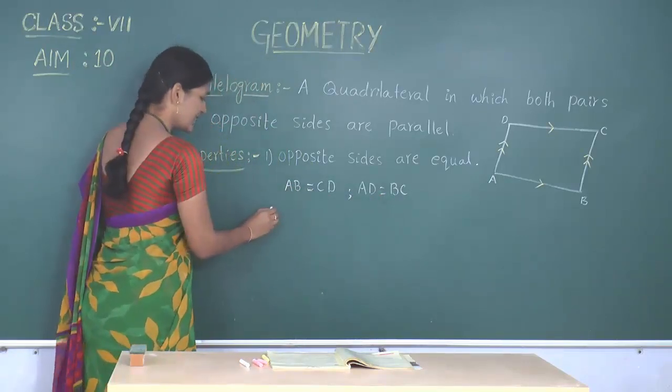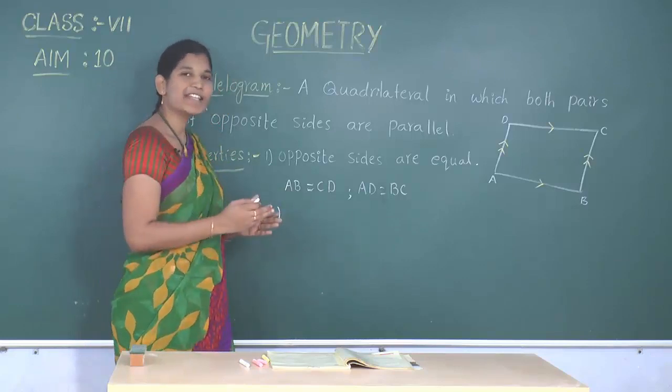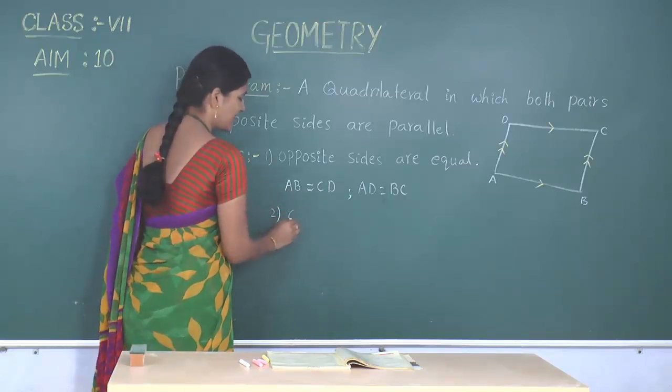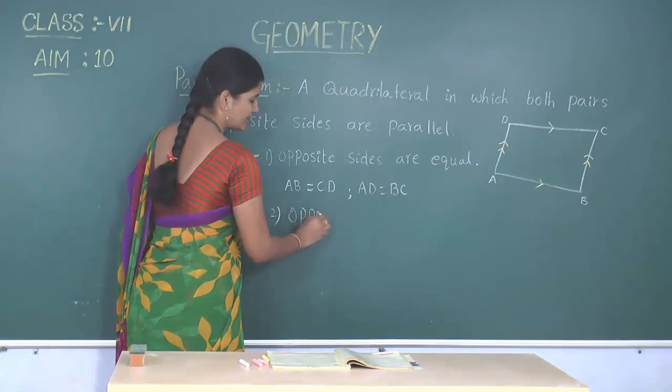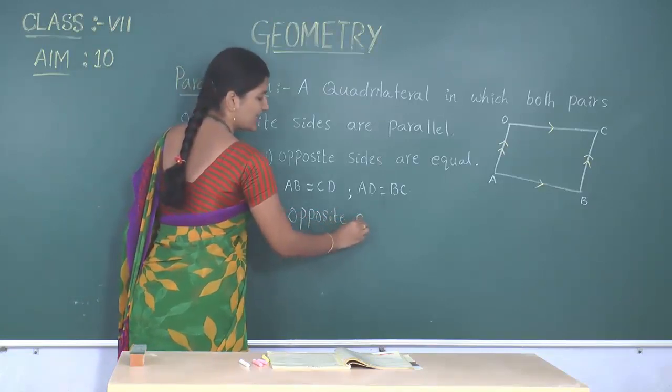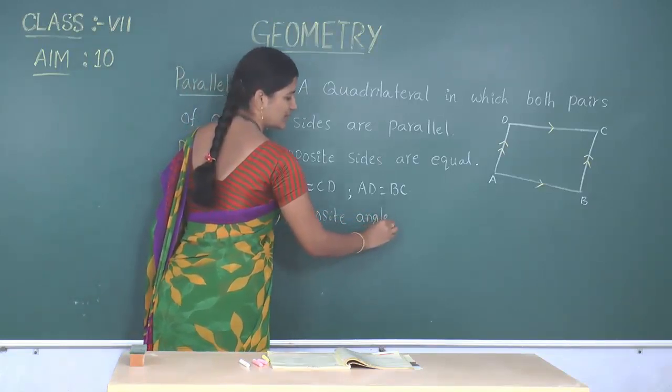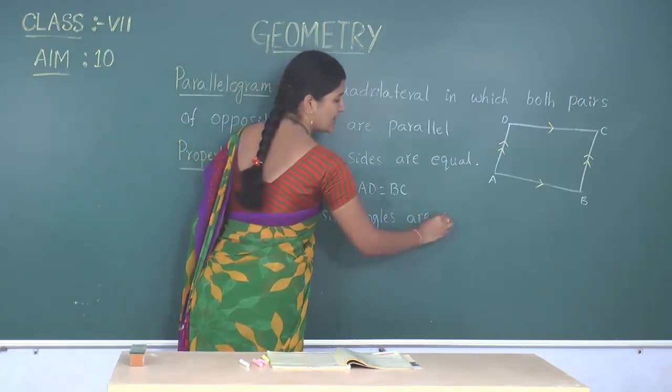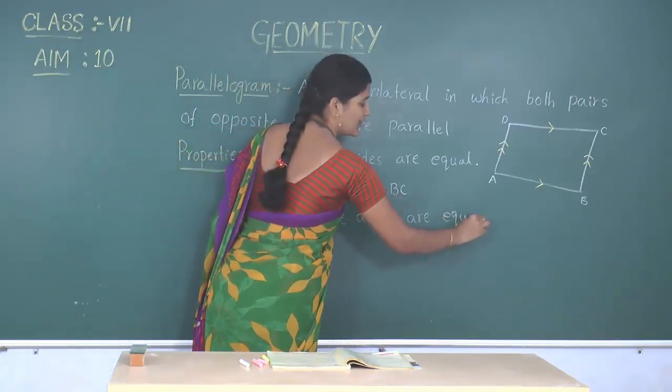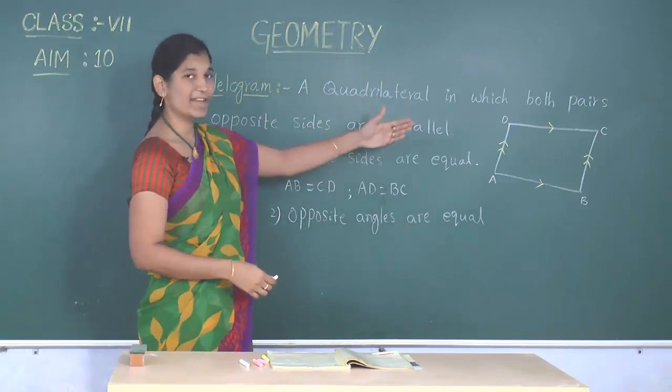And the second property is that opposite angles are also equal. What are the opposite angles in this figure?